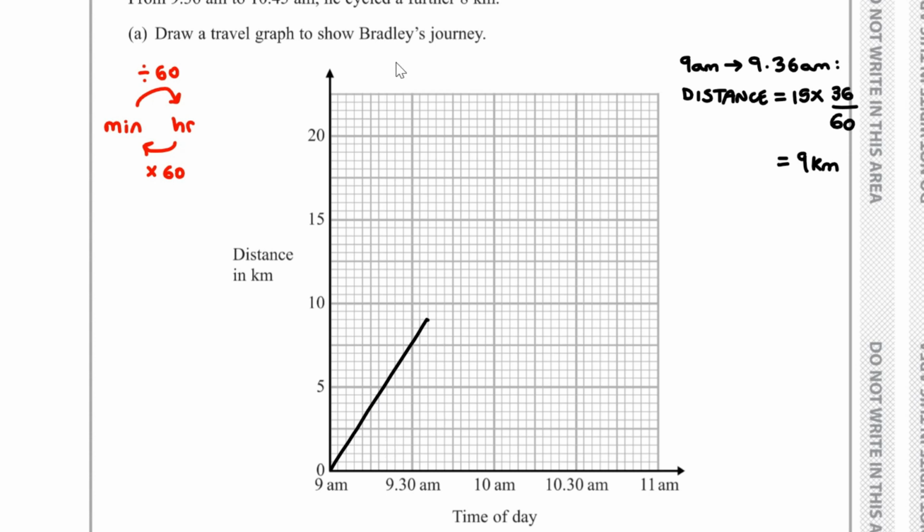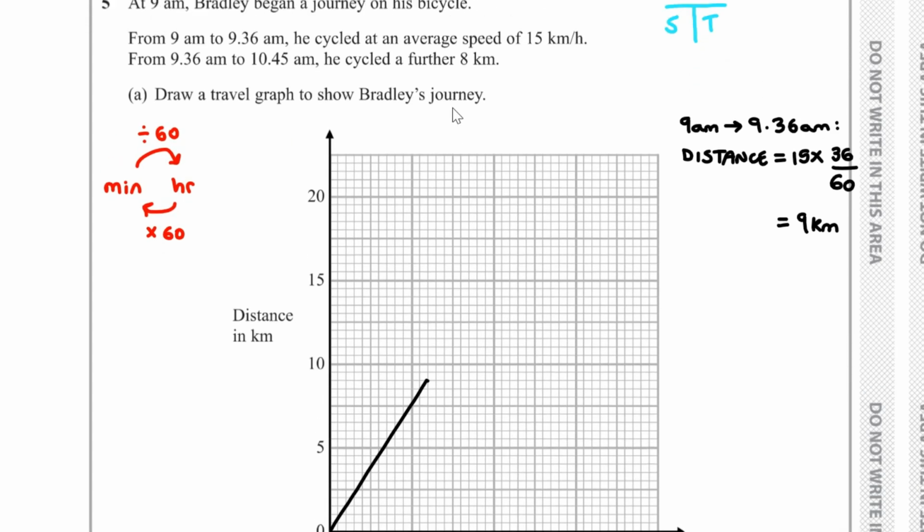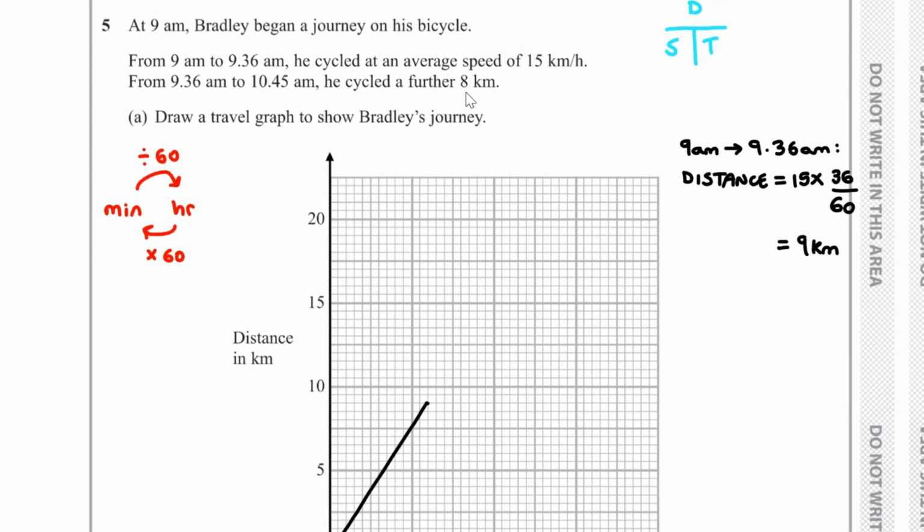And for the second part, from 9:36 to 10:45, he cycled a further 8 kilometers. So therefore, from 9:36 a.m. to 10:45 a.m., the distance is equal to 8 kilometers.